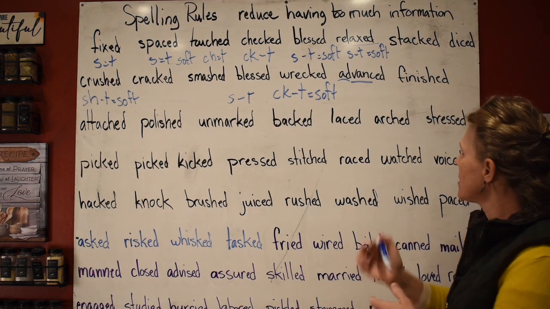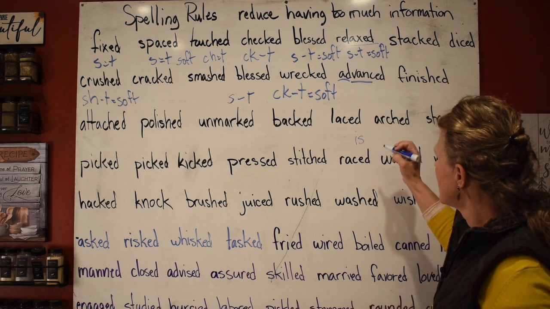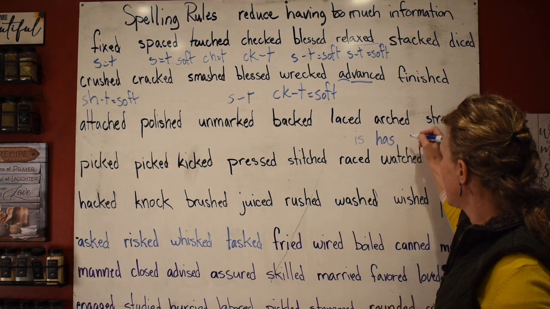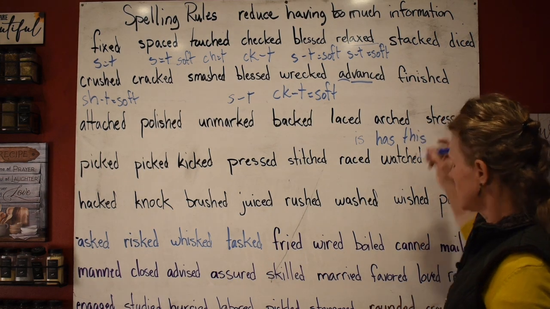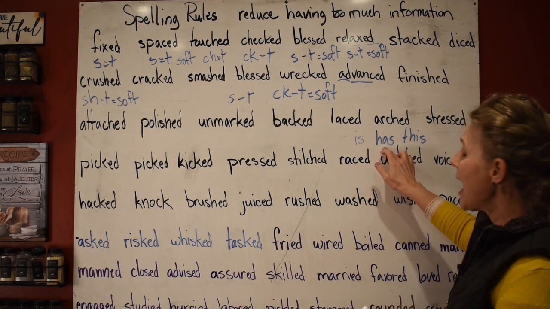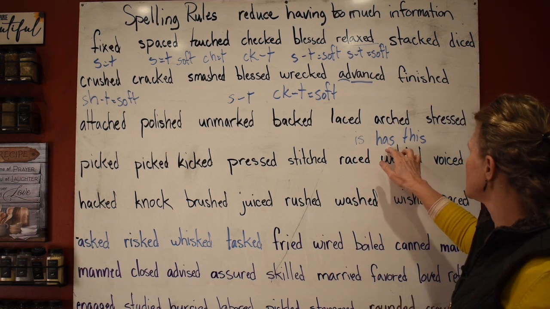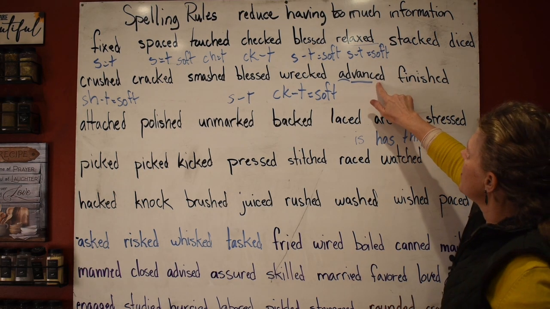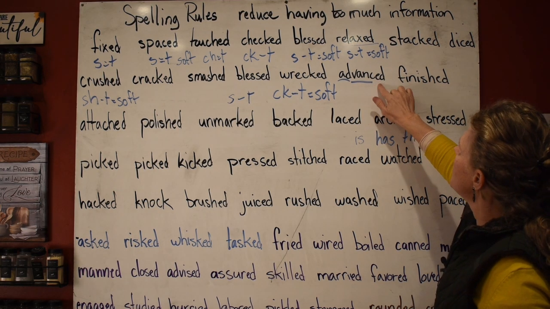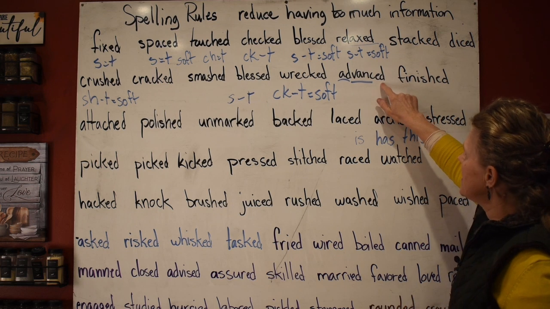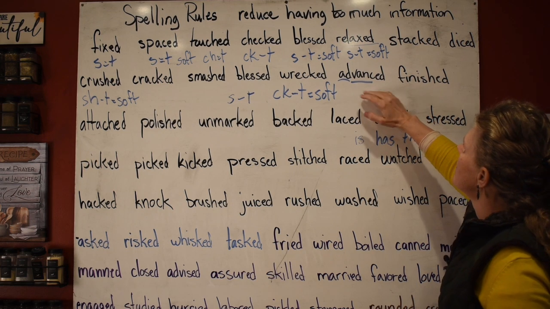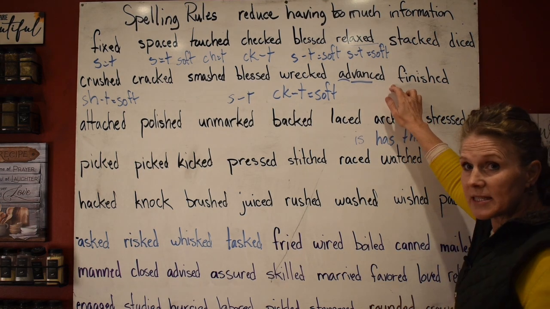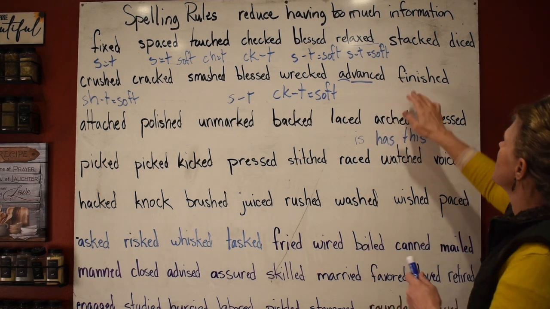Not always, because we have the word is, and has, and this. See, is, has, see that S sound goes to Z, this one doesn't. But here you have to drop the E and add your suffix ED. And this says advanced, the T sound.